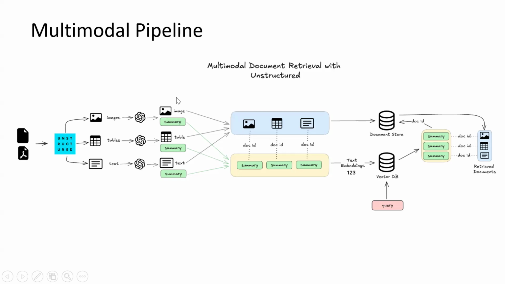Now at this point, I have 10 images and 10 different summaries, one for each image. Second, I have to deal with my elements which are tables. Similarly, I will pass my tables through a large language model. Let's say I use Grok models or OpenAI models.